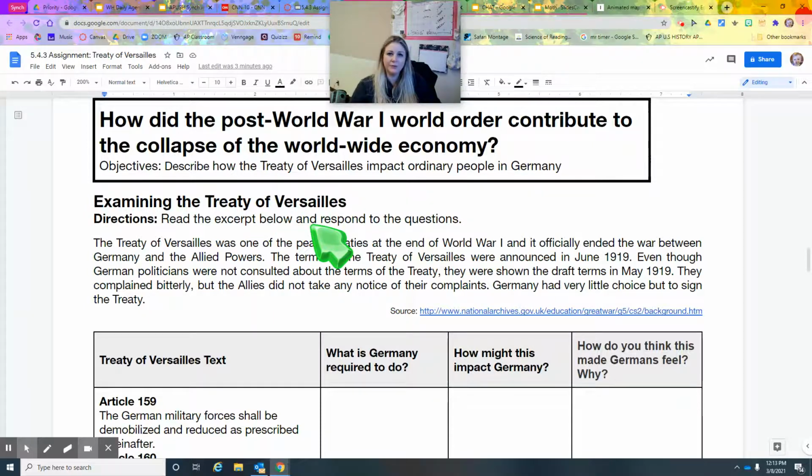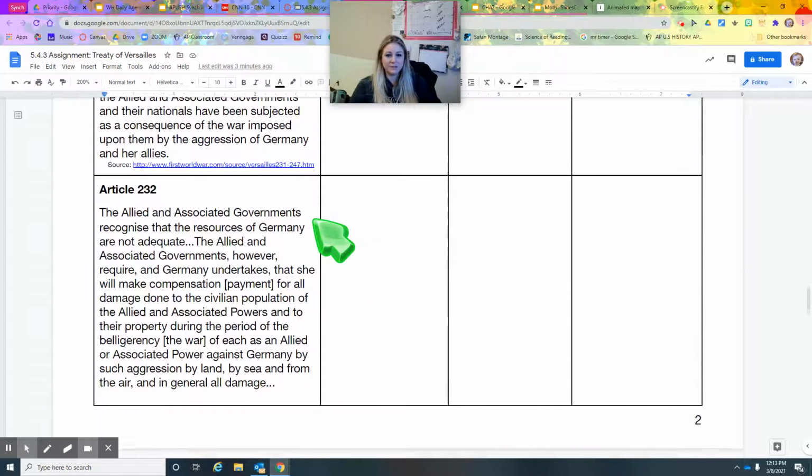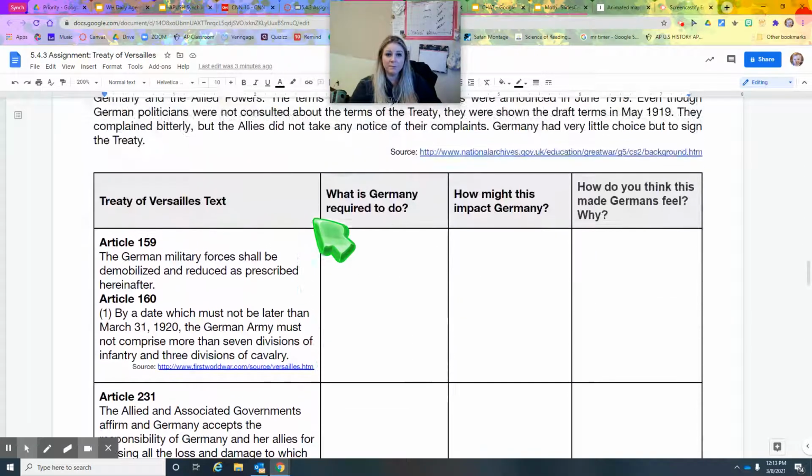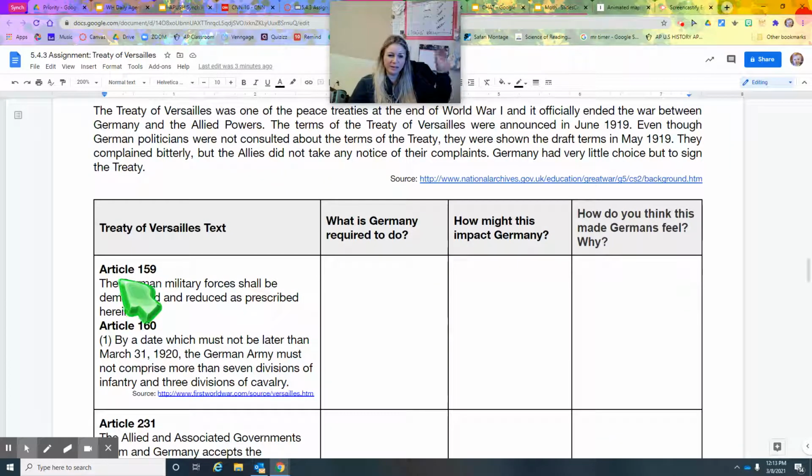All right, let's go ahead and look at those questions that you are going to pause and answer. There's some interesting parts, so we're going to do it together. All right, so Treaty of Versailles, here is part of the treaty. Here's some text. Article, which means like a law, like a part of the law. Article 159. The German military forces shall be demobilized and reduced as prescribed hereinafter.